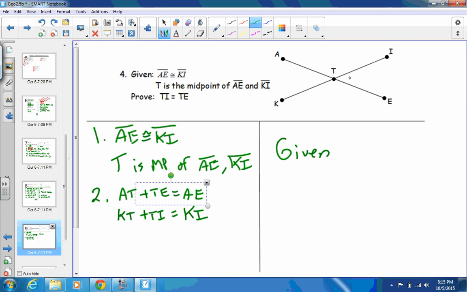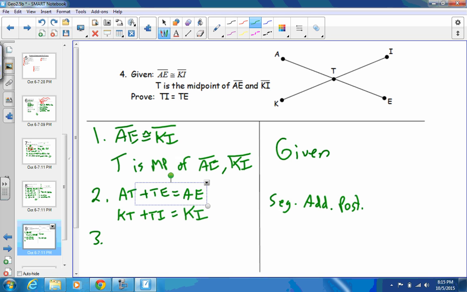So this part plus this part will make up KI, and this part plus this part will make up AE. Those are both segment addition postulates. All right. Let's go from there.